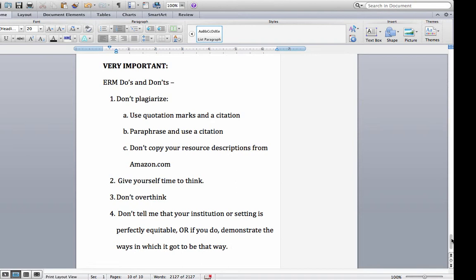So give yourself time, but also don't sit and overthink this assignment. And especially for the chapter that you hand in first, chapter 2, just give it a good whack and hand it in. Make sure you haven't plagiarized, and I'll give you comments. And don't really even worry about your grade on that one, because it has never been the case that people have gotten grades lower than what they wanted, unless they got like zeros on them.